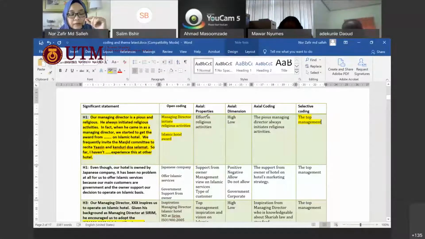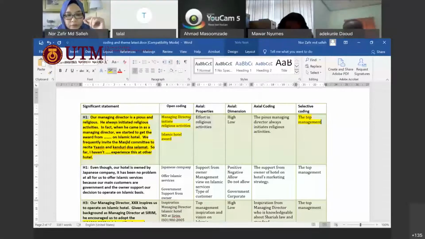Right now the respondent is talking about his managing director, who has a lot of initiative towards religious activities in the hotel itself.